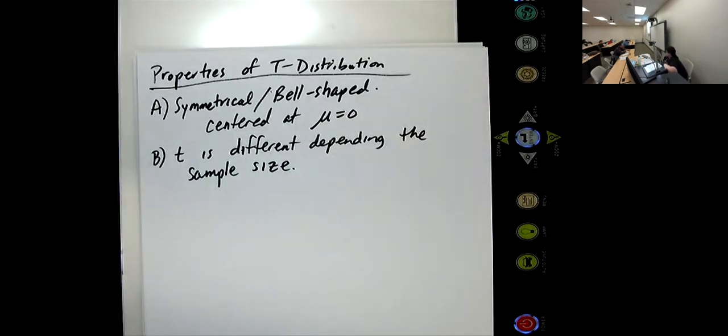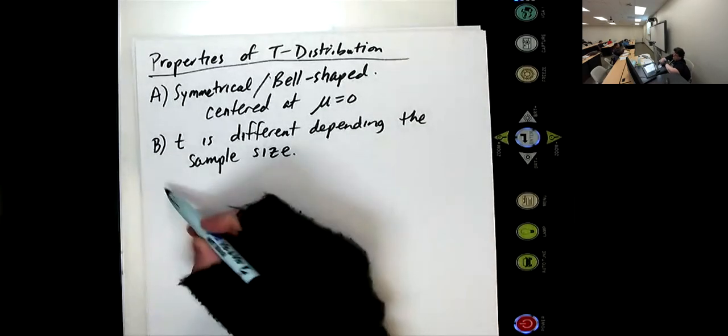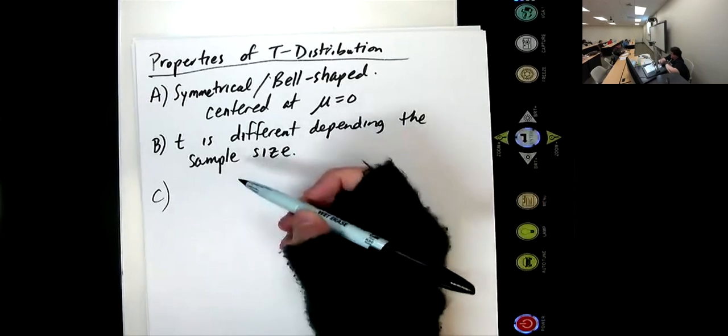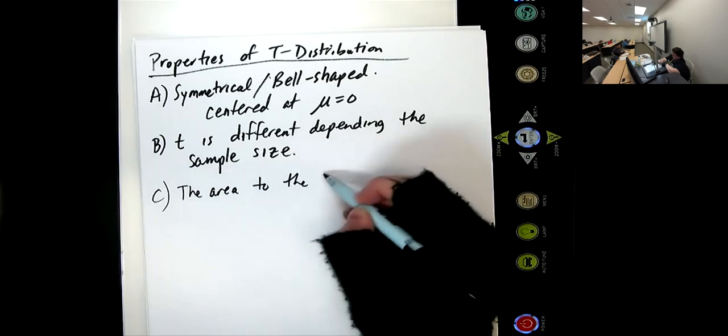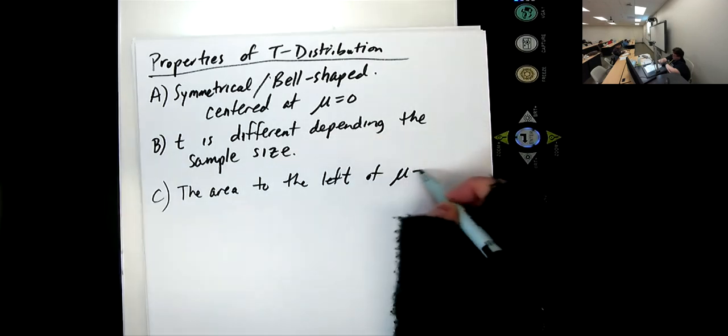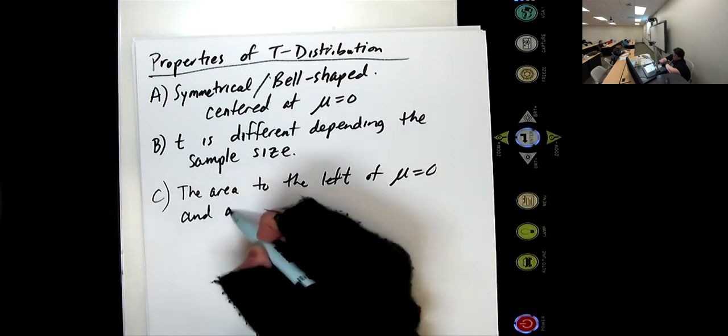And we saw that in the formula, there was an N in it, that's the sample size. So the t was actually dependent on the N. Since it is symmetrical, the area to the left of 0 and the area to the right are both 0.5.